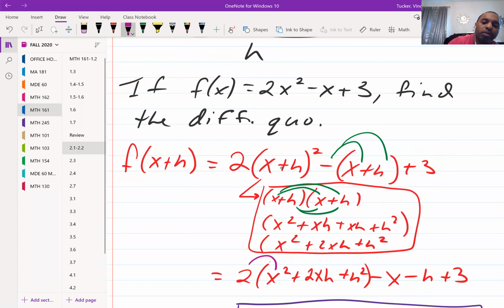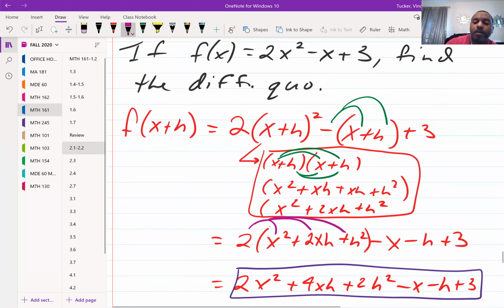And then you do want to distribute the 2. So you want to fully expand out f of x plus h. And it gives us that.